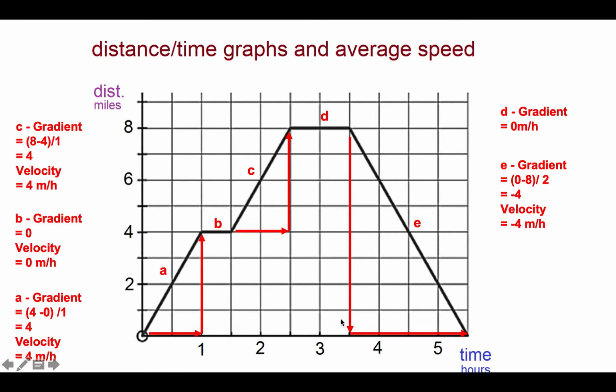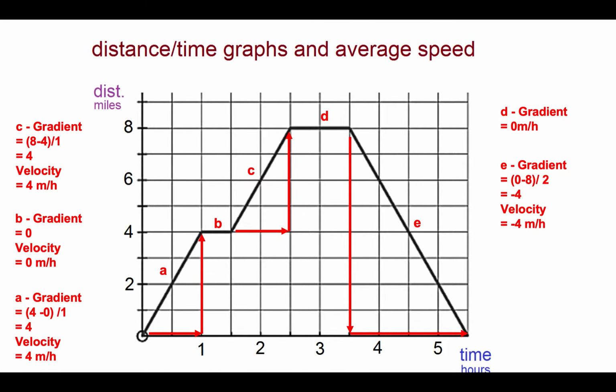We've gone from 8 down to 0, so that's minus 8, and we're dividing it by 2. So that gives us a velocity of minus 4 miles per hour.